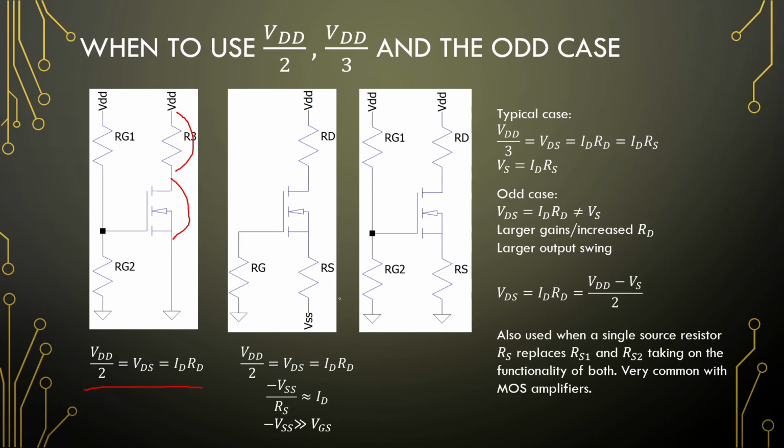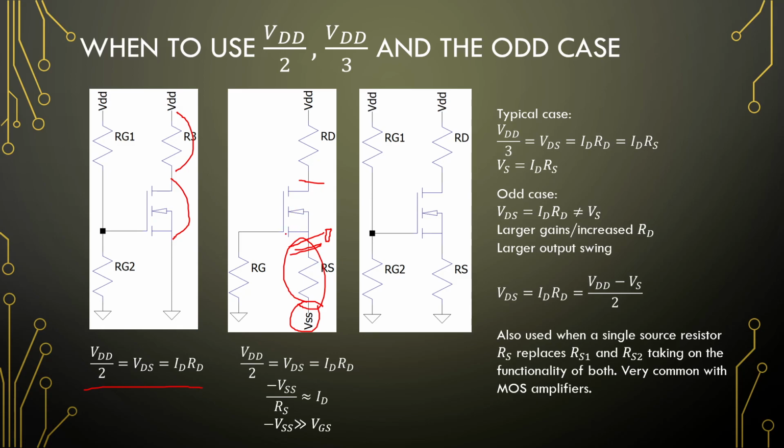When we have a dual rail application, this point will be close to 0 volts. It's not 0 volts. So again, VSS and RS is responsible for the bias. This is a point close to 0, and we can again design for VDD over 2 for the resistor and the MOSFET.